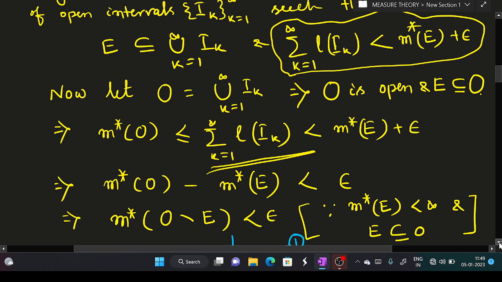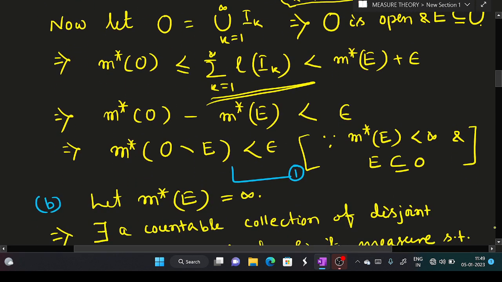Now what does it imply? It implies the outer measure of O minus the outer measure of E is less than epsilon. Just now we discussed the excision property.